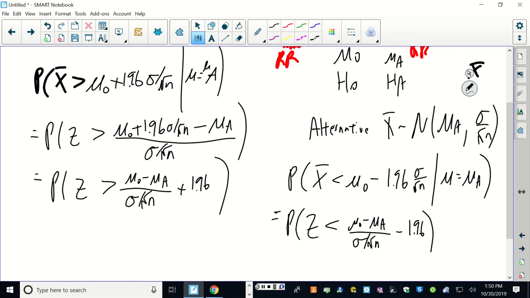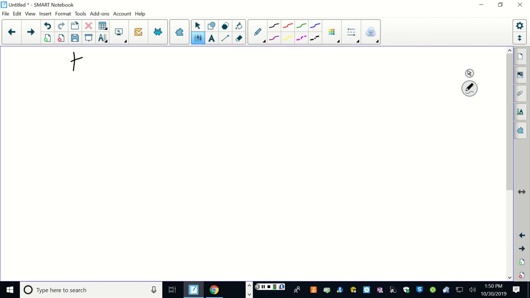So let's do it with some numbers. Let's say the null hypothesis is, we did the chicken example last time, that the growth weight is 250 grams, and that's our mu sub 0.